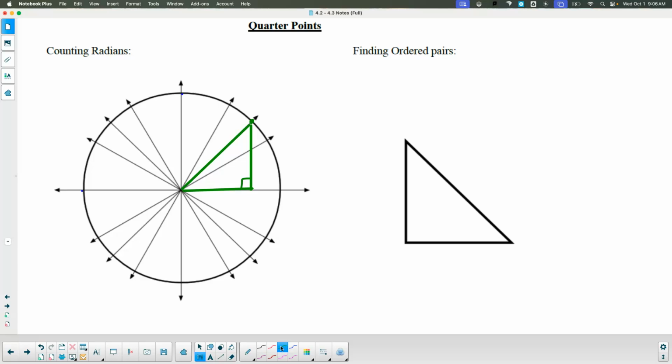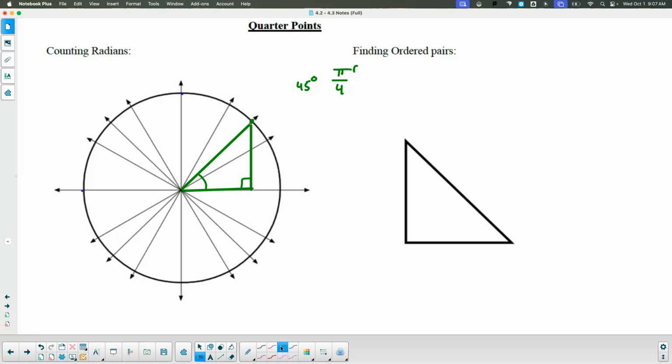Which means that the theta measure here would be 45 degrees. Okay? Half of 360 is 180. Half of 180 is 90. Half of 90 is 45. So half of half of half. Half of half of half of 2 pi would be pi over 4 radians.